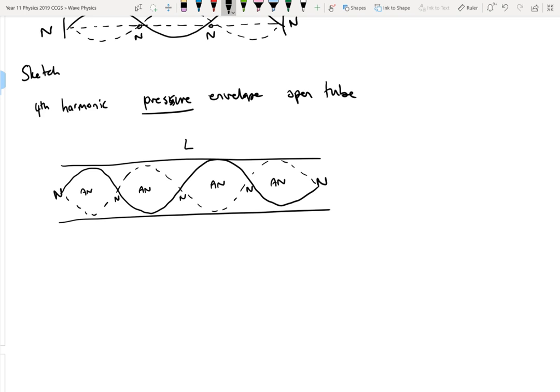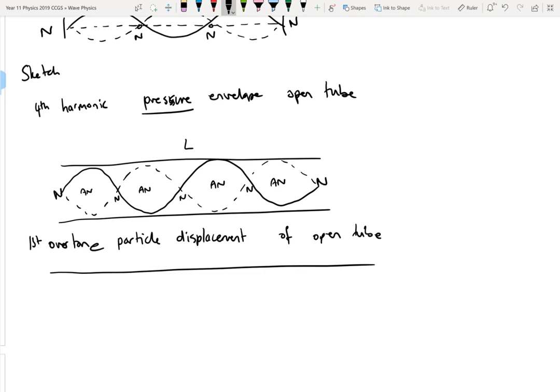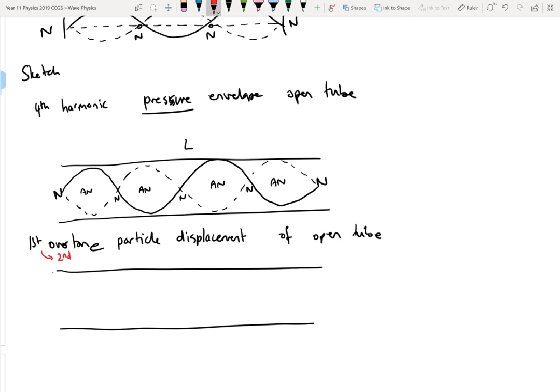All right, let's go one easier. Let's go the first overtone particle displacement of open tube. So again, first overtone, read that as the second harmonic. Particle displacement. Okay, we know at the end of a tube we have antinodes. So sketch them in. Straight away, you draw your tube.